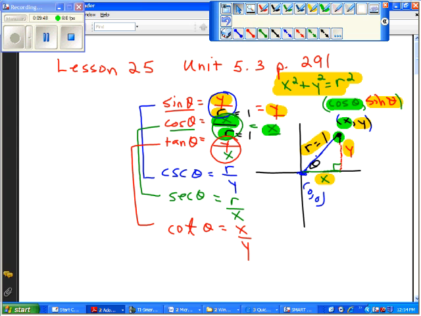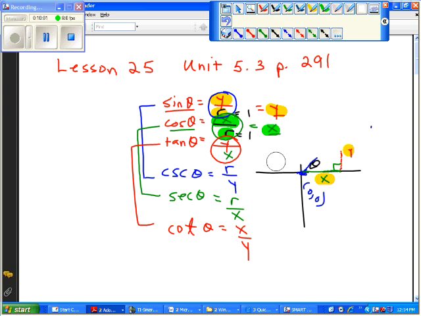I'm going to leave these here for just a second, and then we're going to talk about the unit circle, but we're going to have specific angles. So first of all, let's see if we can deal with some crazy stuff. Just to show you where we're going.